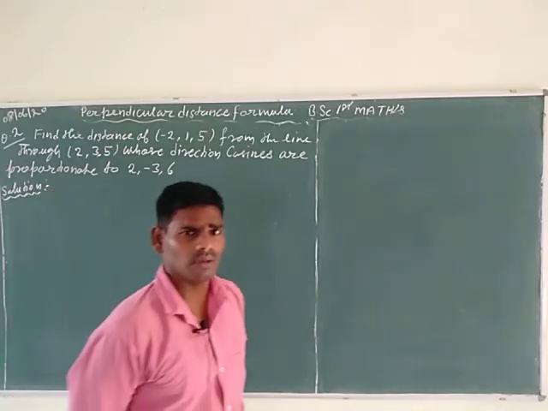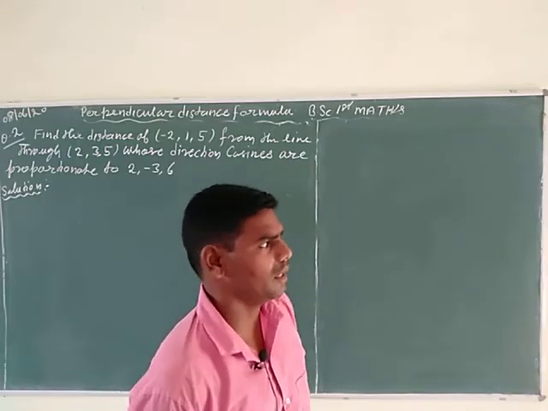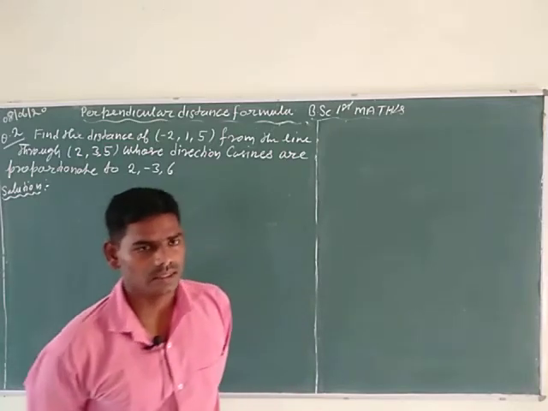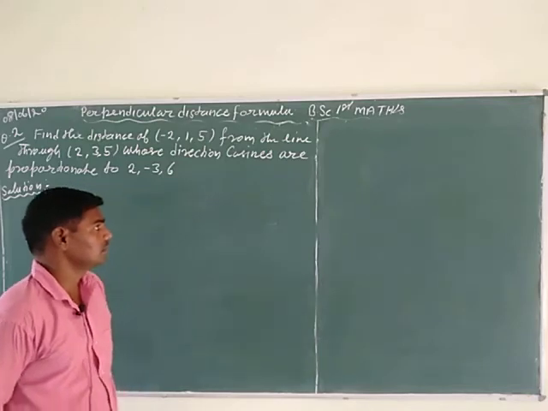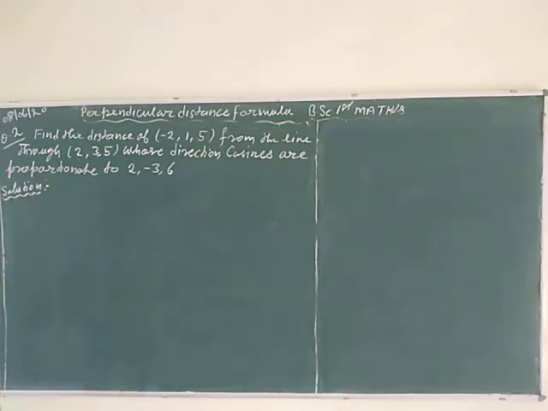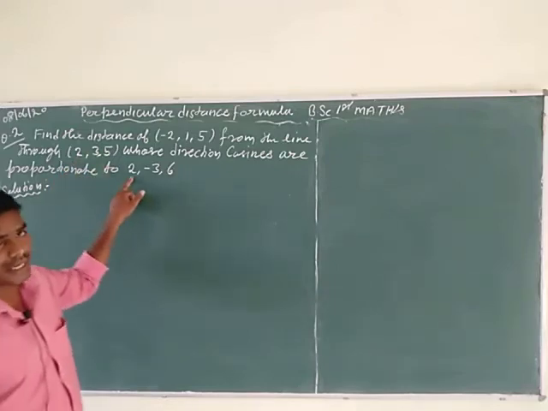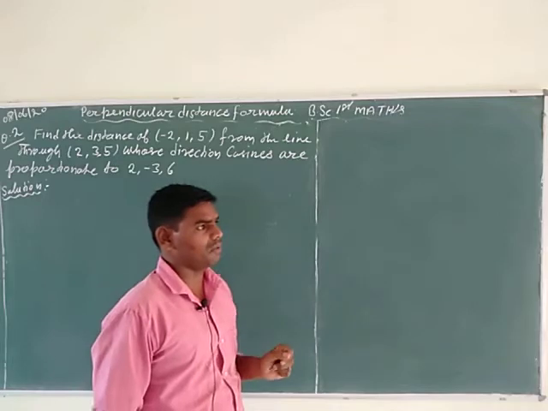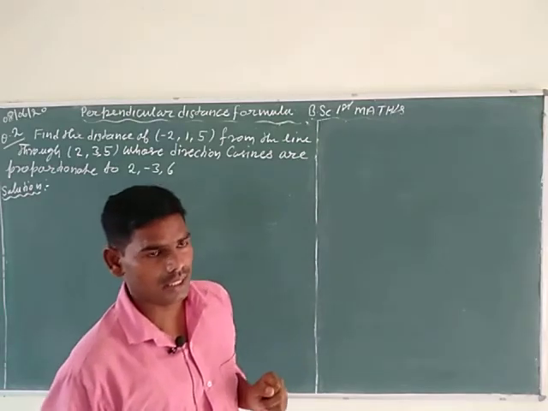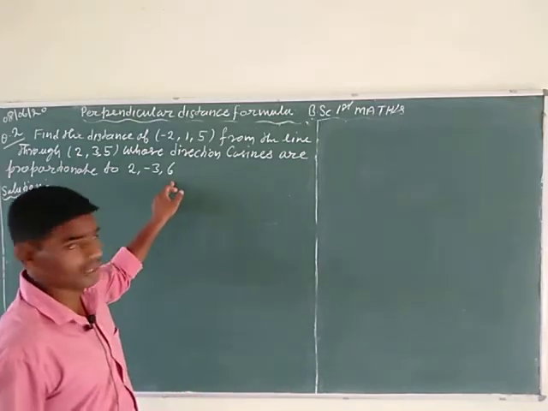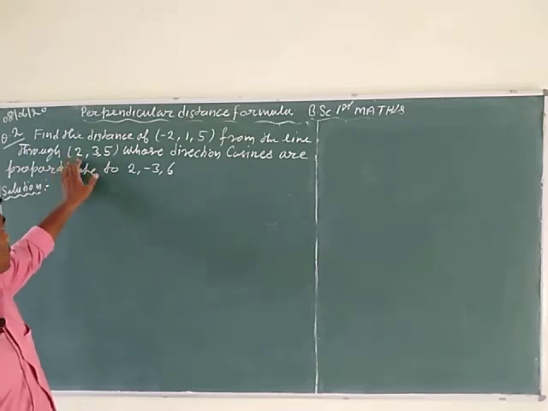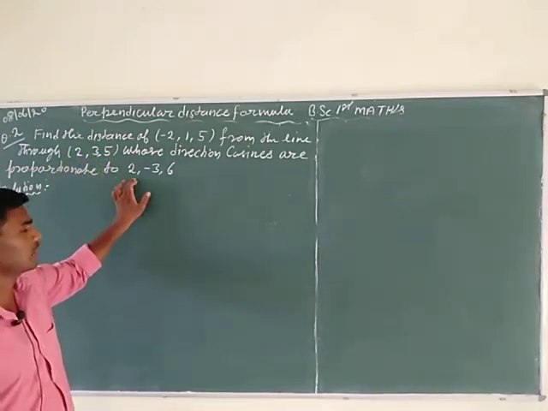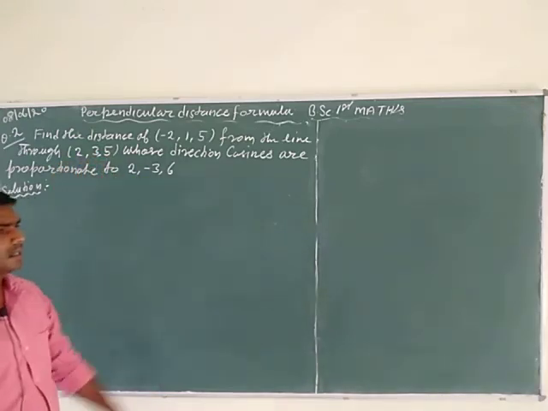You know that if a point and the direction cosines of a straight line are given, you can very easily write the equation of the straight line. So apply the direct formula and first write the equation of the straight line which passes through 2, 3, 5 and has direction cosines 2, minus 3 and 6.